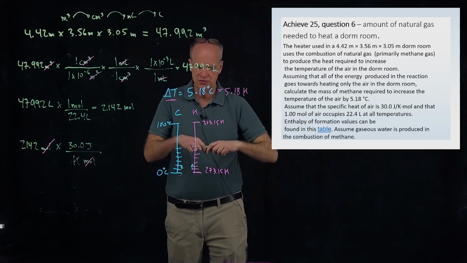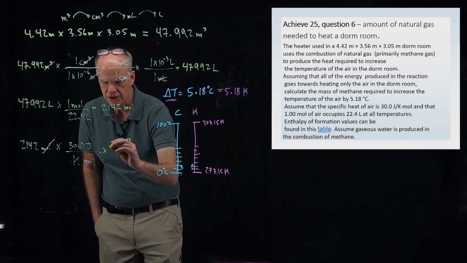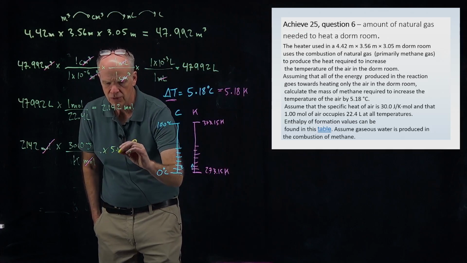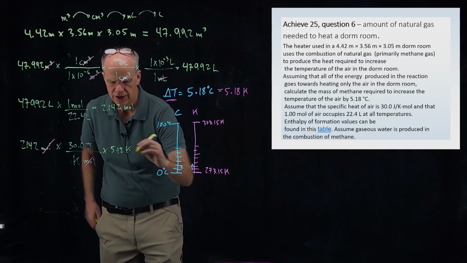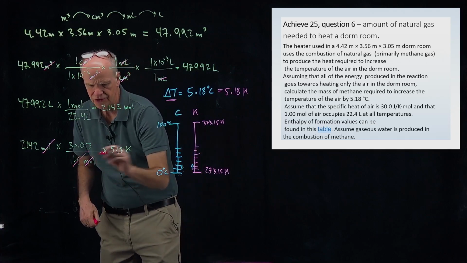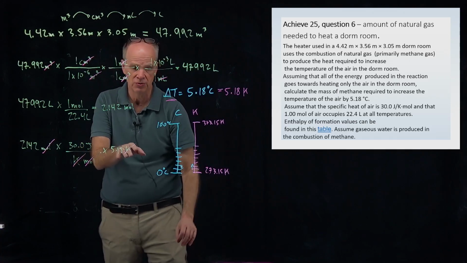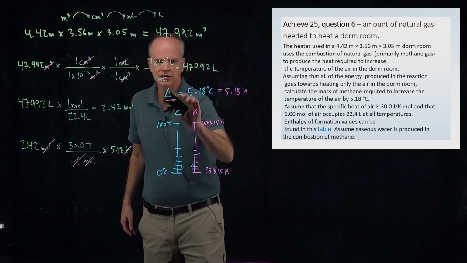Okay, so now we can go back to this problem here. We figured out the temperature change in Kelvin, so let me show you what you do here. You multiply here by 5.18 Kelvin. And so what you can see now is that the Kelvin cancels out, and then you'll get an answer in joules. So let me work that out. I'm going to erase this stuff here.